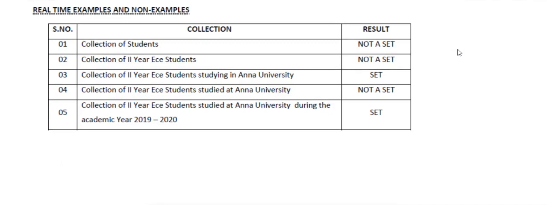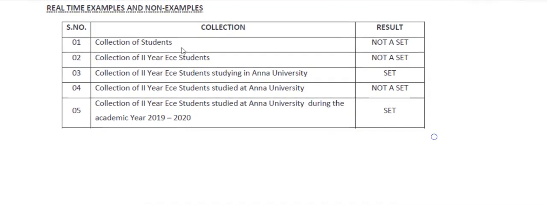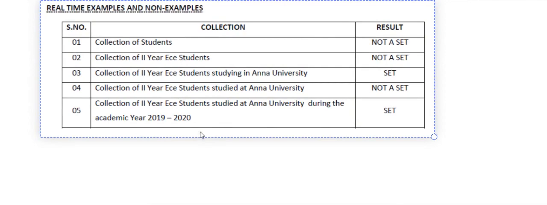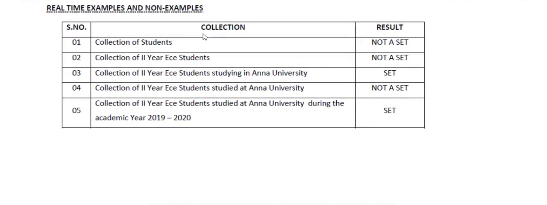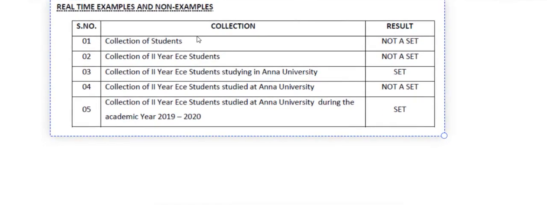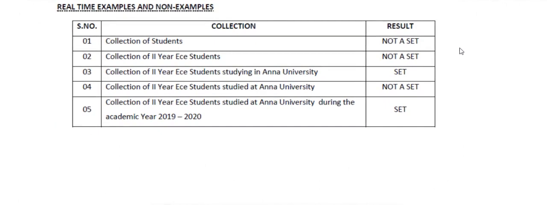We shall see some real-time examples and non-examples now, right? Take the first collection. I am just taking the collection of students. Is this mathematically a set? Think clearly. What students will you be collecting? That is what I am asking you.